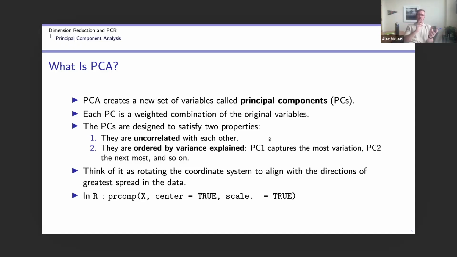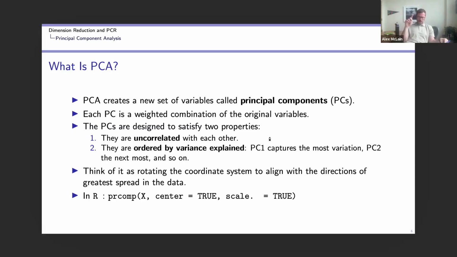The third, same thing. Capture as much variability, but it has to be perfectly uncorrelated with the first two, so on and so forth. So you can think of it as a rotating coordinate system to align with the directions of the greatest spread in the data.